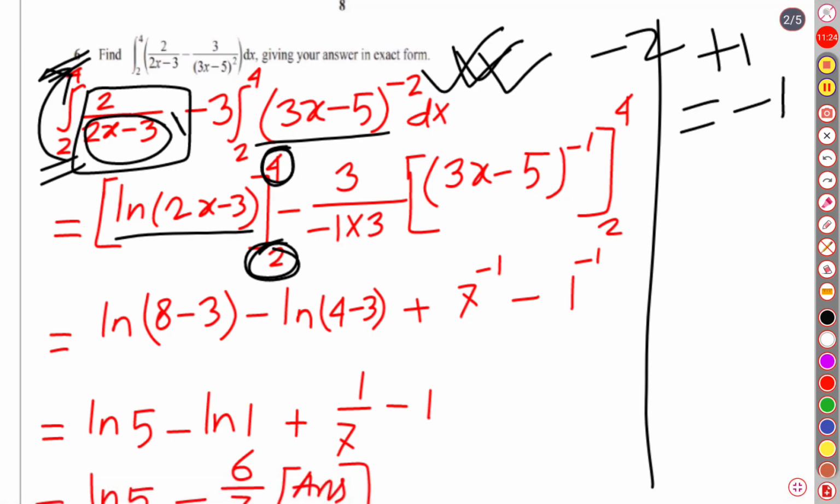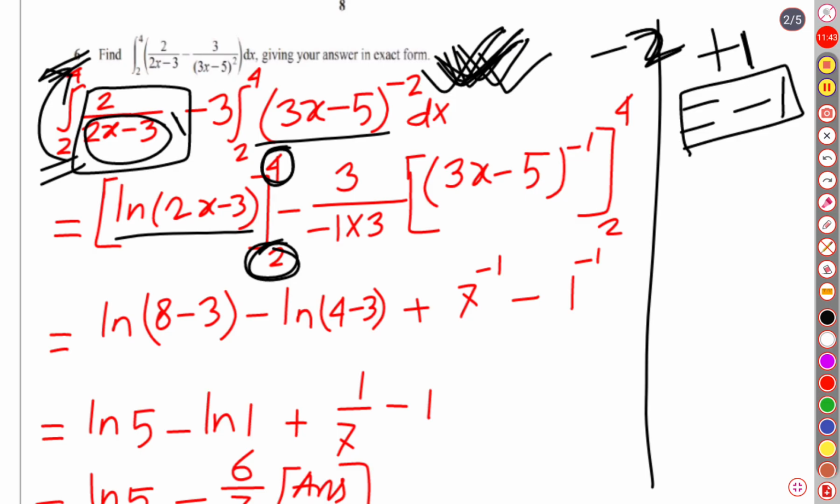Negative 1, isn't it? We have come to know that 1 is to be added to the exponent. So exponent is negative 2 and we are adding 1. If we add 1 to negative 2, it is going to be negative 1.